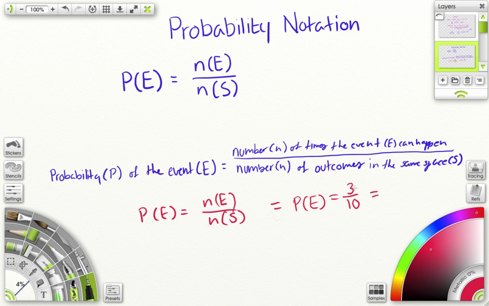To figure it out, I do 3 divided by 10, so P(E) is equal to 3 divided by 10, which equals 0.33. And that's it.